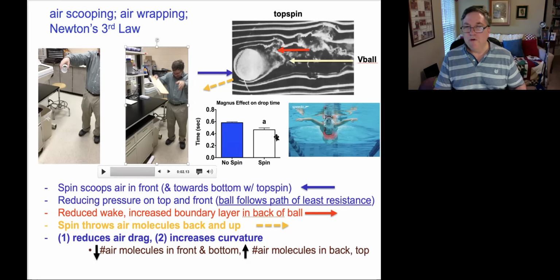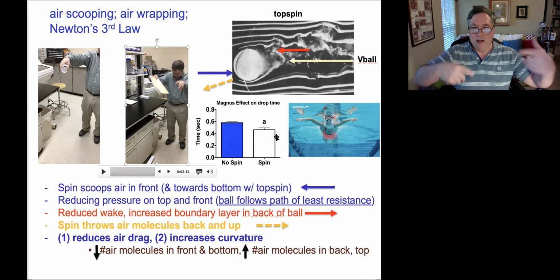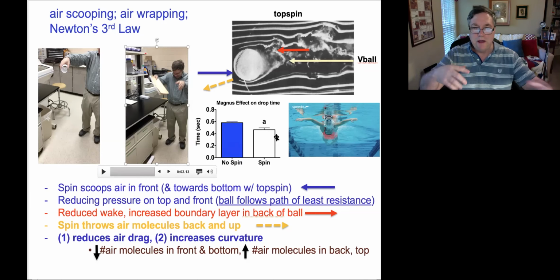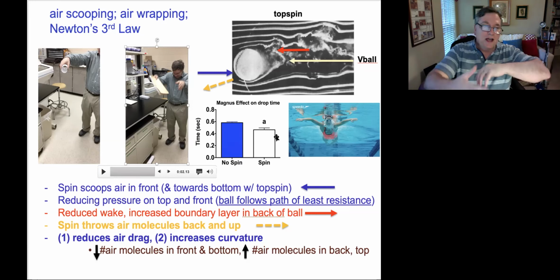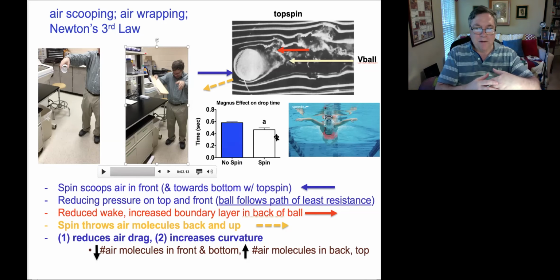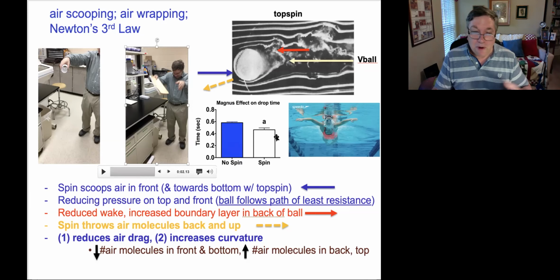So we proved that when you have an object that's round, and you get it to spin, and it has a rough surface, it's going to create that boundary layer around the ball. And again, this is a light object; it doesn't have a lot of mass. We can make it curve, and we can make it go fast. The combination of those two really work nicely.